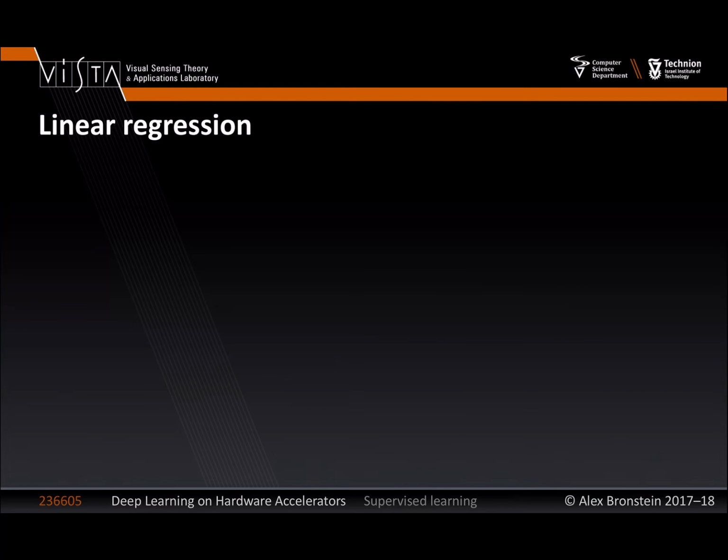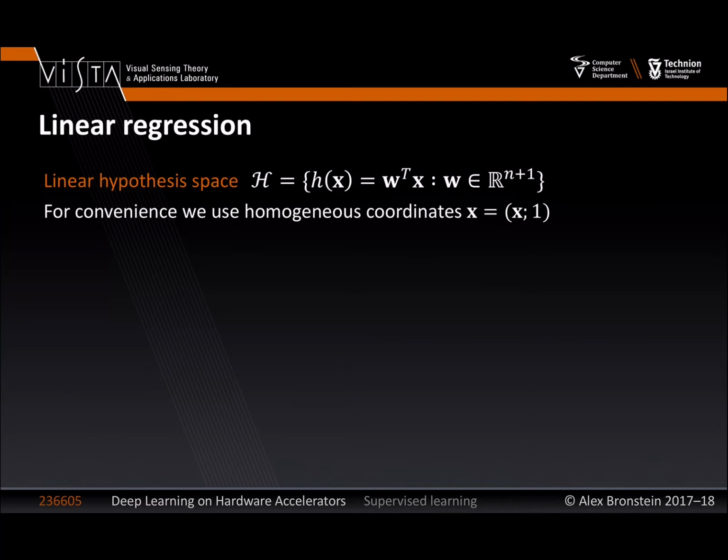Okay, so let's just have a look at a very trivial example that we had before, linear regression. So I have a space of affine functions. So let me just use homogeneous coordinates. So I have my instance x, and pardon my abuse of notation. So this is my instance x coming from my instance space, which is a subspace of R^n.